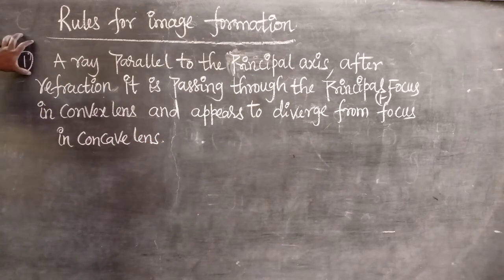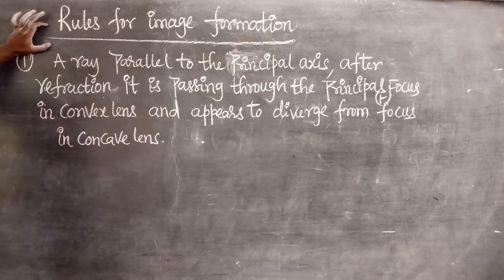What is the first rule for image formation? With the help of these rules, in order to locate the position of the image, that is where the image will be formed when using either a convex or concave lens, and what is the nature of the image, whether it is real or inverted, upright or magnified.